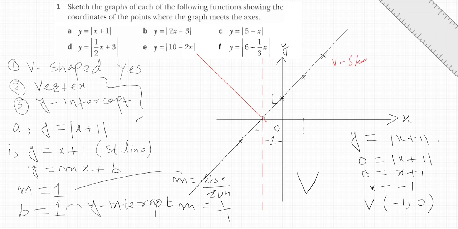V-shaped, vertex minus 1 comma 0, and y-intercept is equal to 1, and this portion is reflected.